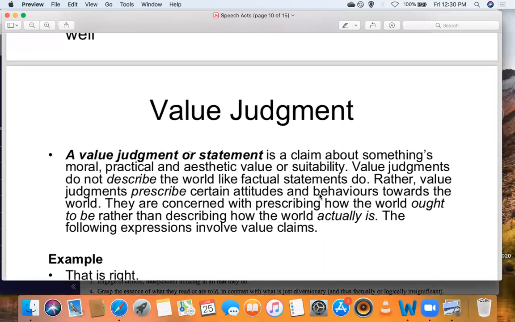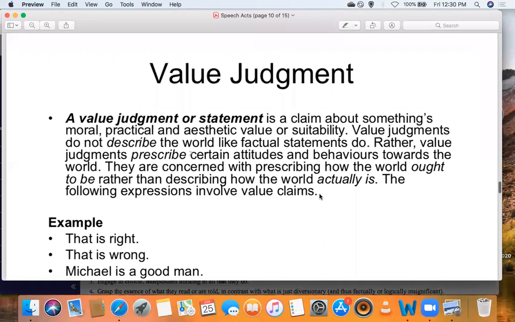When you're talking about values rather than facts, then you are talking about things we prefer or things we love or things we accept as the ideal. All those things are values. So the basic distinction is between value and fact. Okay, so you can see that value judgments are actually normative statements.